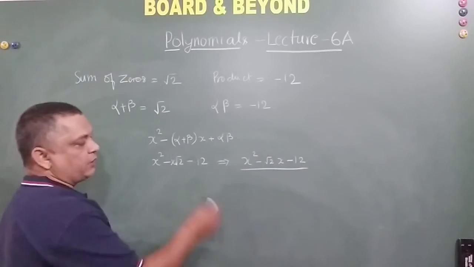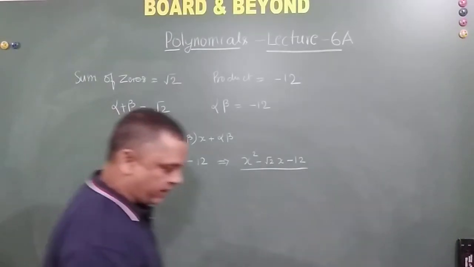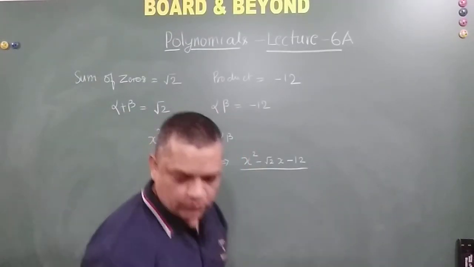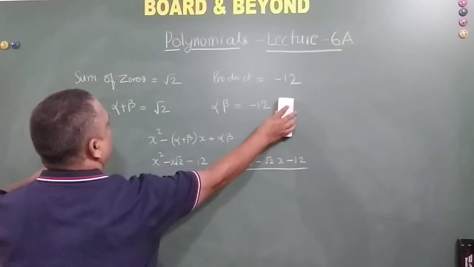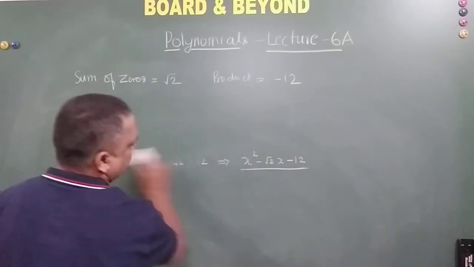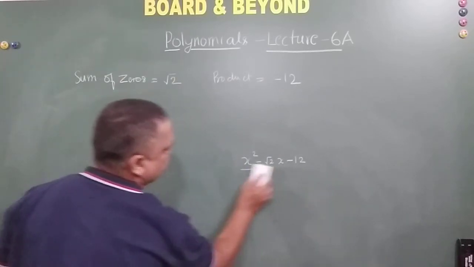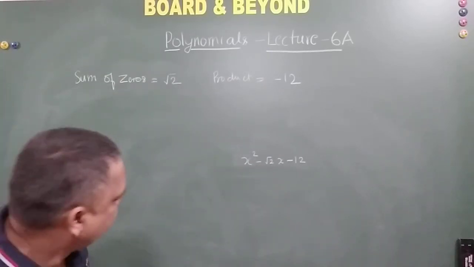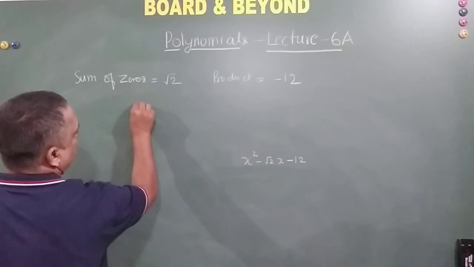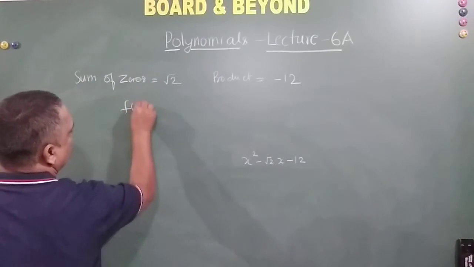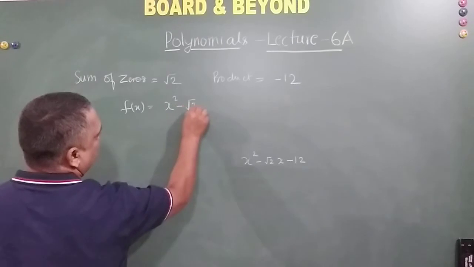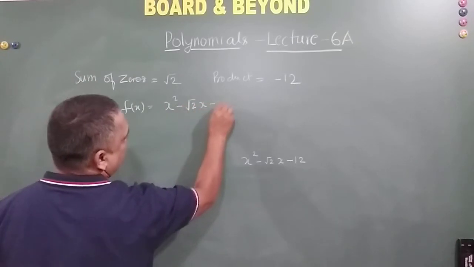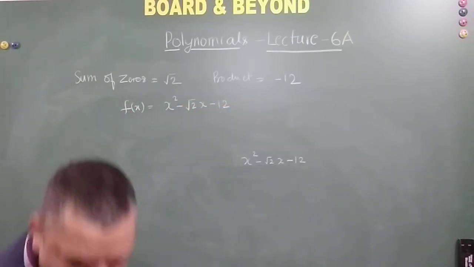Now we are expected to find the roots for this quadratic equation, right? So I'll just rub a little bit, okay, and just copy this on the top of it. So f of x now is equal to x square minus root 2 x minus 12. Right friends?